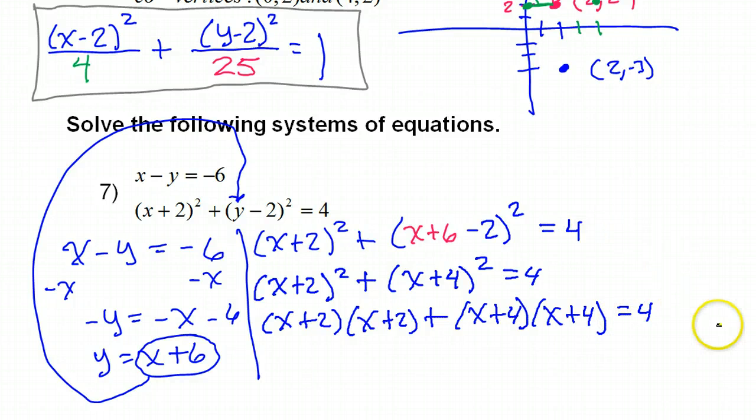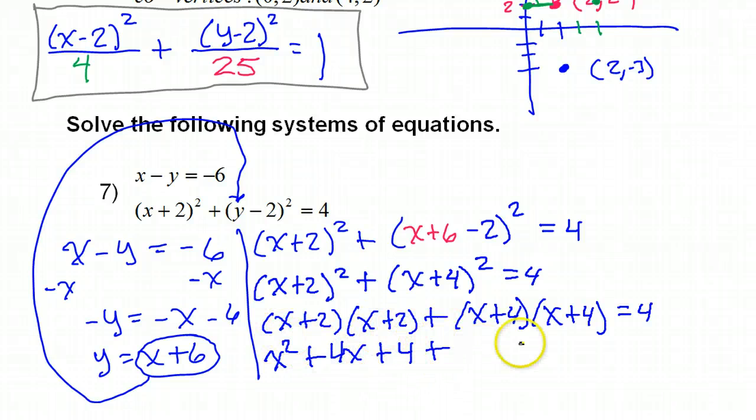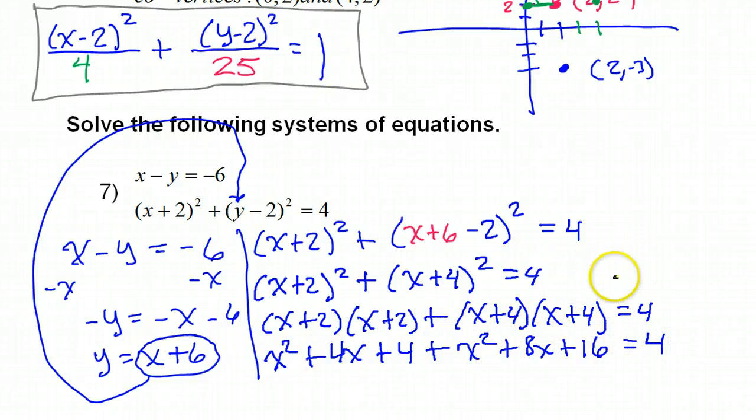All right, I'm running out of paper. If I multiply this out, I will have x squared plus 4x plus 4, that's from that part. And over here, I'll have x squared plus 8x plus 16, if I do the double distributive property.